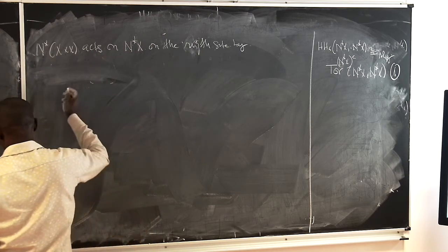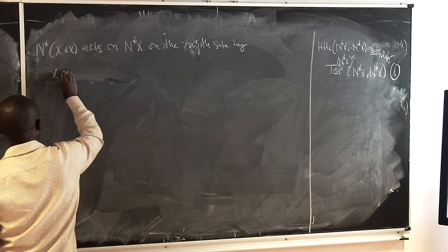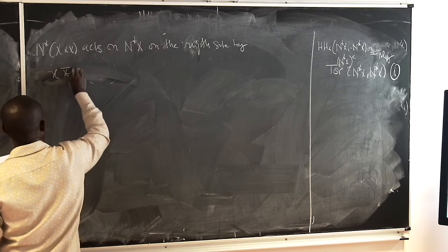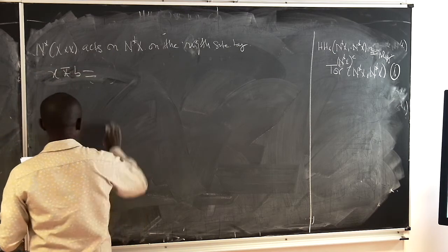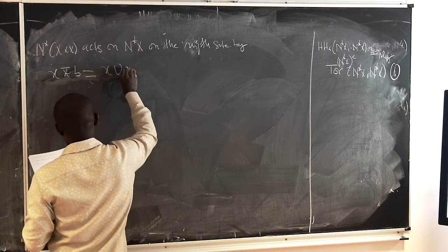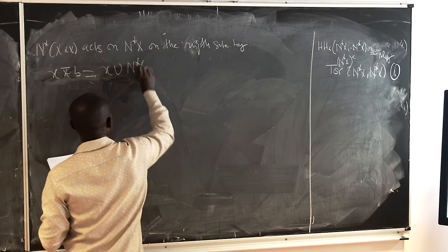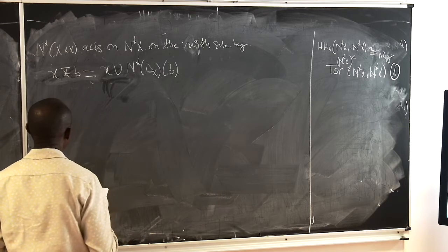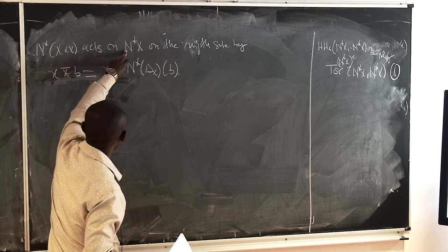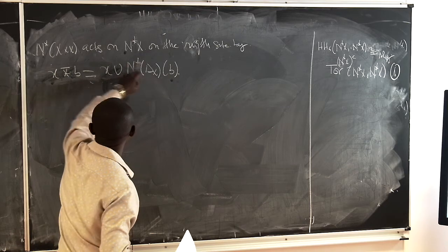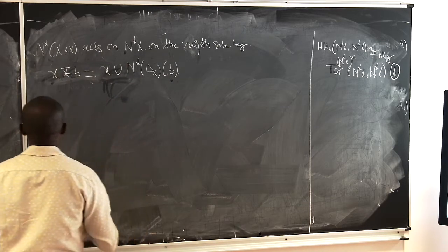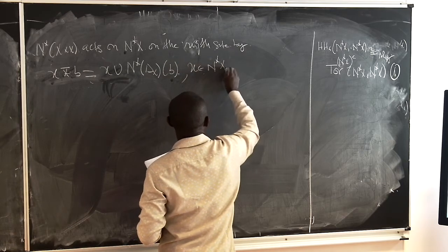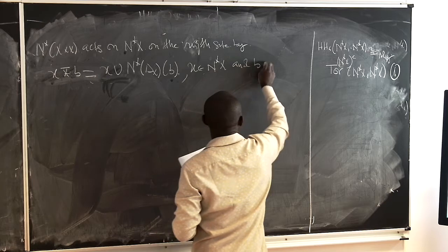Let me give directly the actions: x equal to x cap, where x belongs to our x here, and b belongs to this. x belongs to nx and b belongs to n.